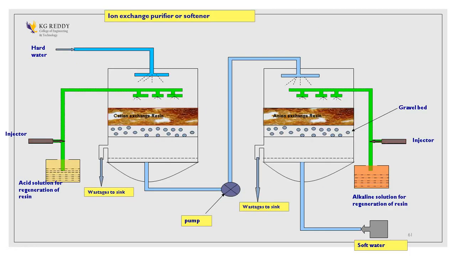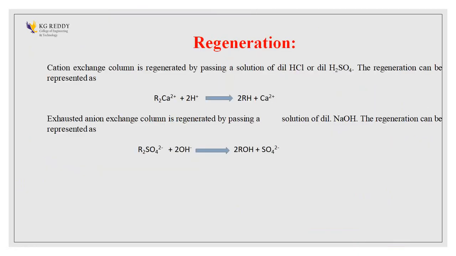Now if you see this, here is how the regeneration process takes place. The cation exchange column can be regenerated. Here RCl or R2Ca is formed in the cation exchange column, where R means the resin group, and this is formed in the anion exchange column. So the cation exchange we should regenerate. How are we going to regenerate? By passing dilute HCl or sulfuric acid, then we can regenerate the H plus ions, right?